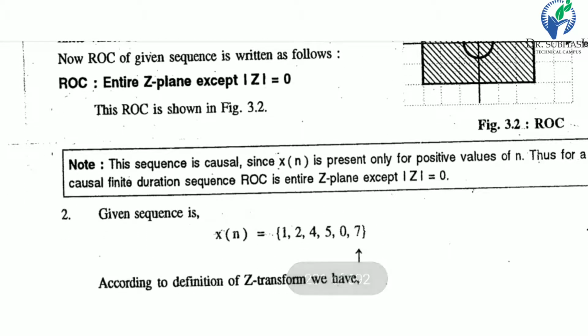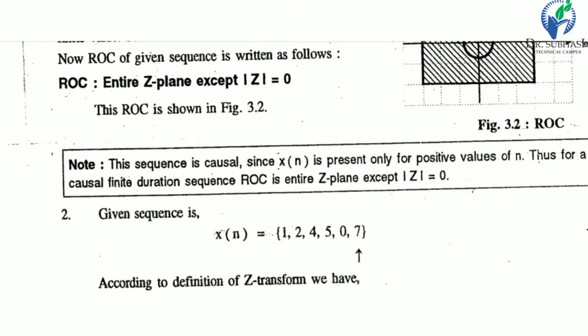Note the sequence is causal, since x(n) is present only for positive values of n. Thus for a causal finite duration sequence, the ROC is the entire z plane except mod z equal to 0.